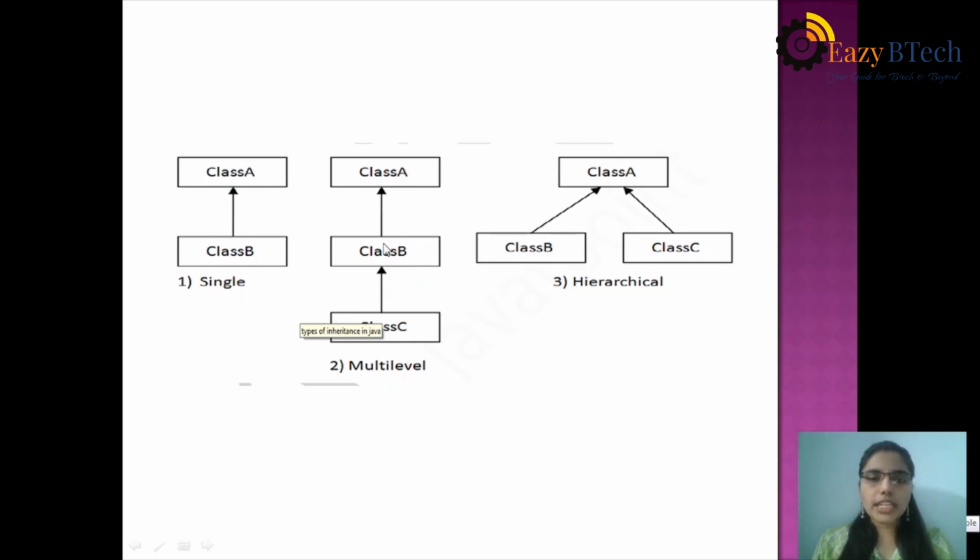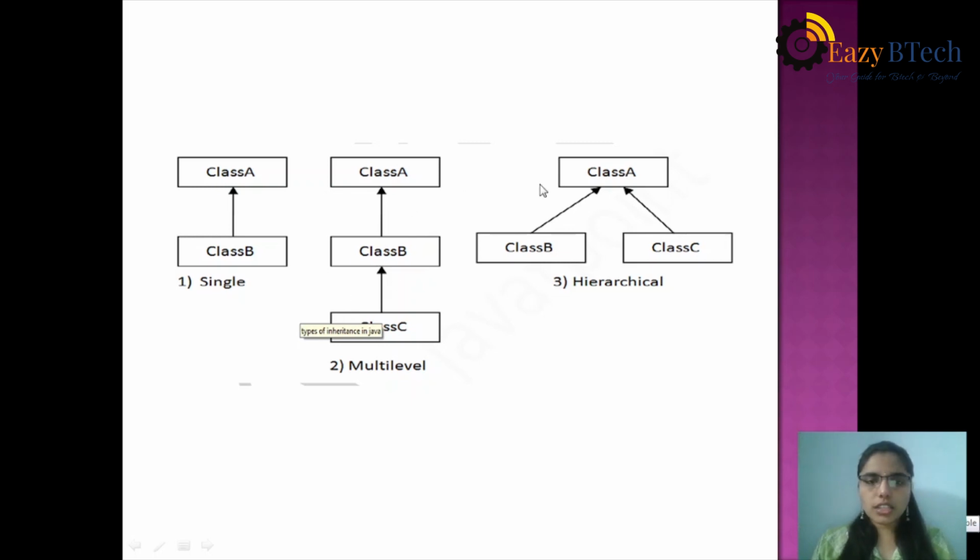Whenever class B gives some properties to the child class, that is class C, the B class acts as a parent class, superclass, or base class. Okay, this is about multi-level inheritance.